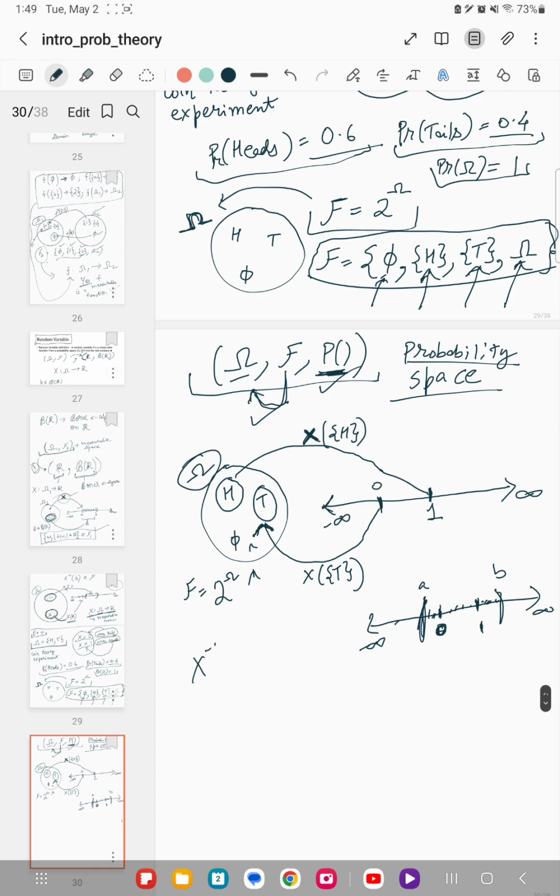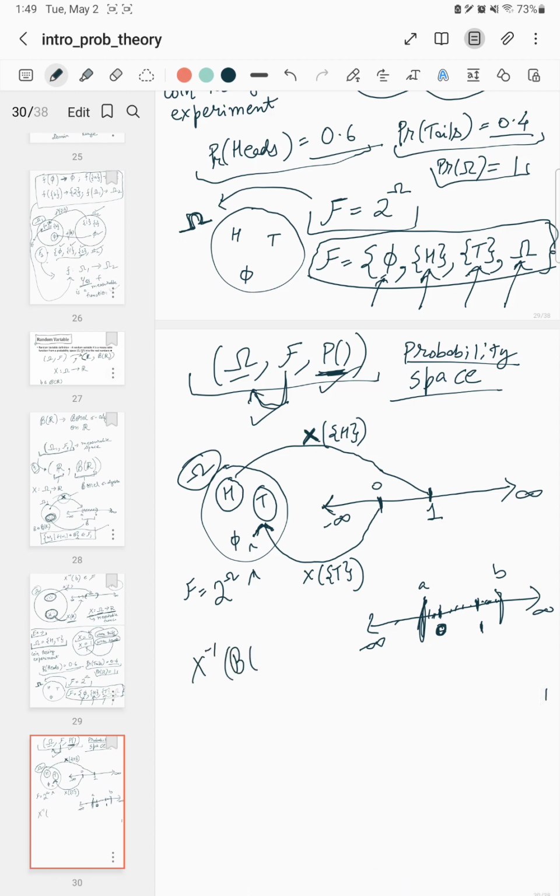This pre-image always exists in the sigma algebra F, and B is any such Borel set present in the Borel sigma algebra B of R. Hence, we have seen that this is a valid probability space and X is a valid real random variable.